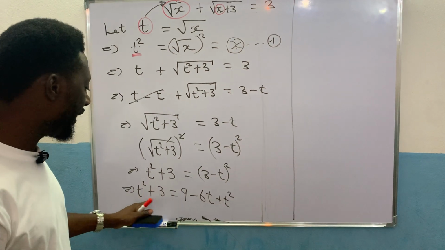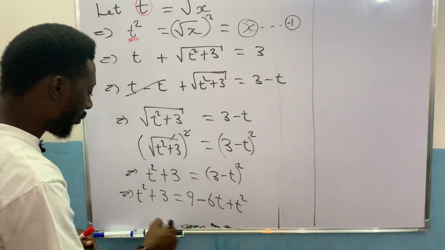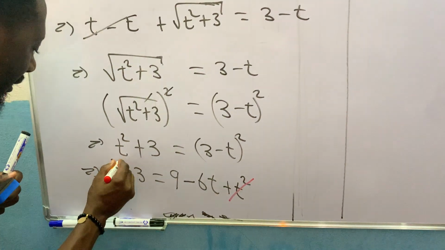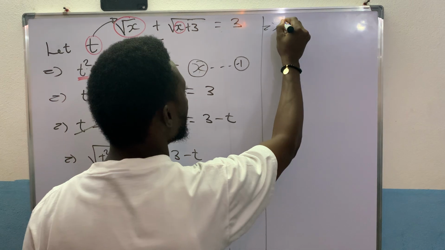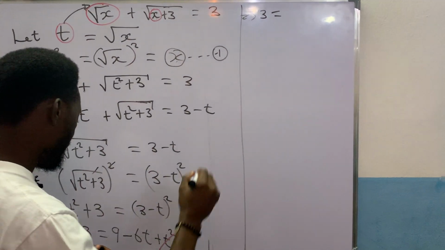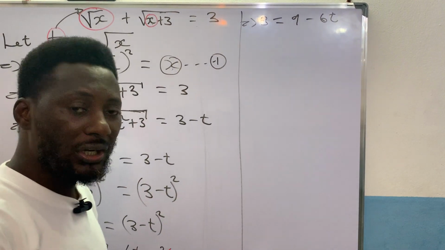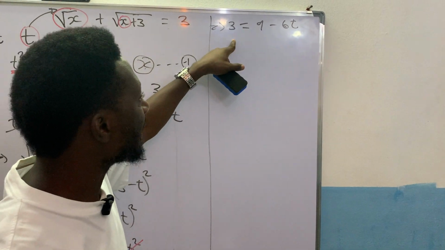Now, if you look at both sides, there's t squared on both sides of the equation, so the t squared cancels on both sides. We now have 3 equal to 9 minus 6t. As a basic principle in mathematics, we bring like terms on one side.